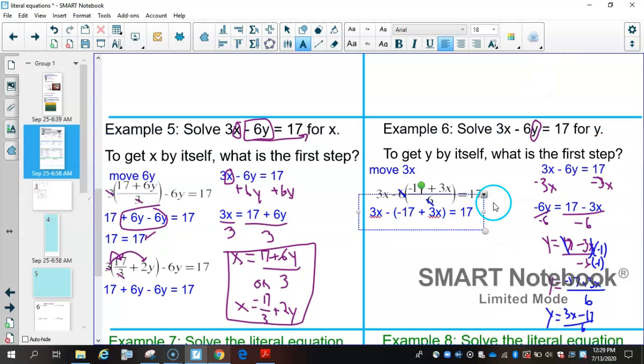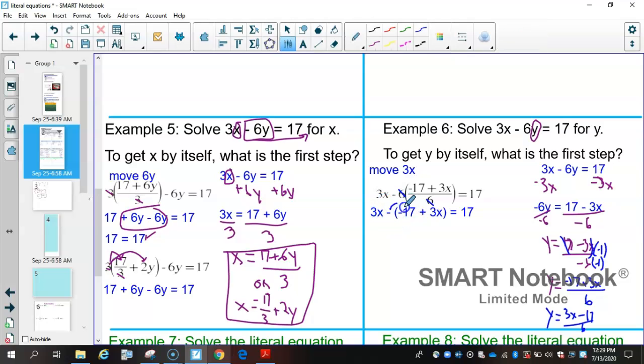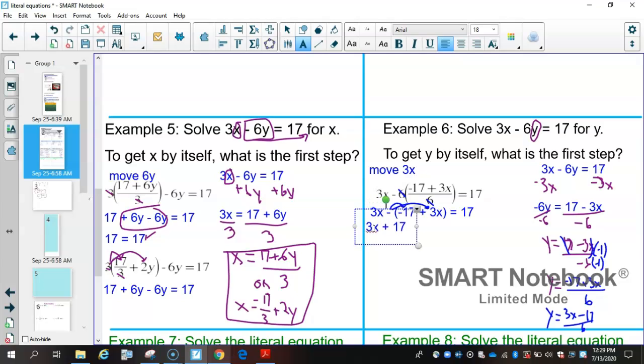So in this case, I need to distribute this negative to both negative 17 and positive 3x, so that we get 3x plus 17. Two negatives always make a positive, remember that. And then negative times 3x would be negative 3x equals 17.